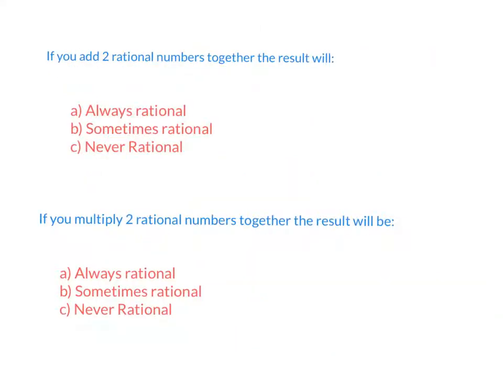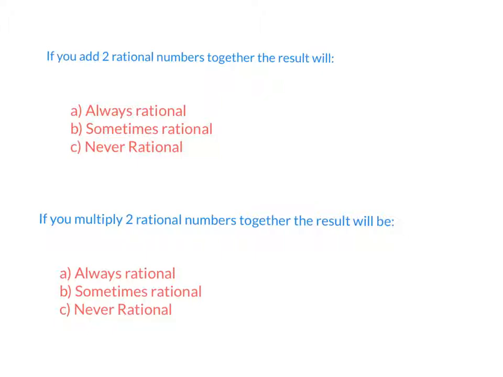So here's two statements for us to consider, keeping in mind what closed means. If you add two rational numbers together, the result will either always be rational, sometimes rational, or never rational. Again, rational means it looks like a fraction, or could be written as a fraction, including integers.